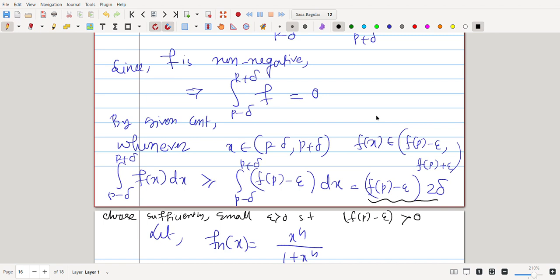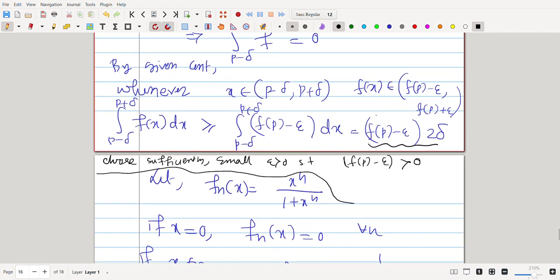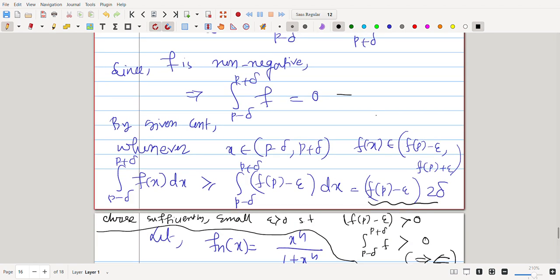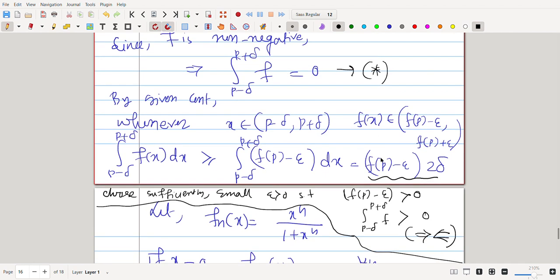But if f(p) is non-zero, then we can choose a sufficiently small epsilon such that f(p) minus epsilon is greater than 0. So that will imply that the integral from p minus delta to p plus delta of f is strictly greater than 0, which is a contradiction, because from our given condition this has to satisfy the other condition, but by definition of integrability we get that this is greater than 0.